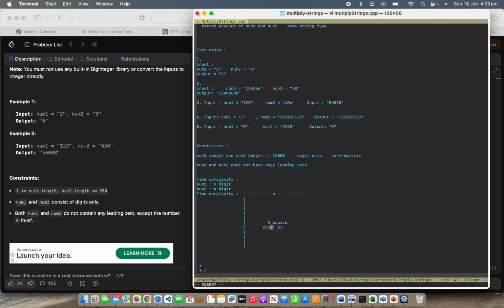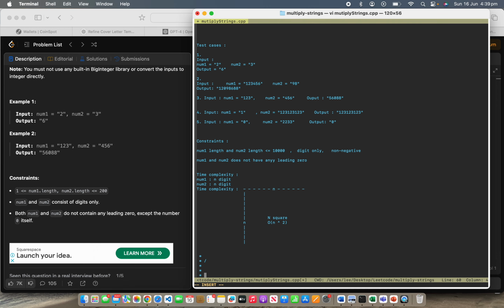Yep, I assume you get it, because sometimes what I do is I draw a little bit of a diagram when analyzing the time complexity of an algorithm. This is a very basic method. We don't need recursion, we don't need other ones, so we probably just do it here.